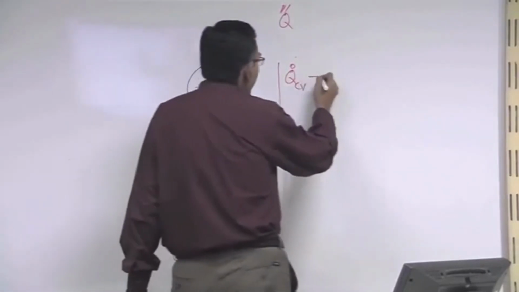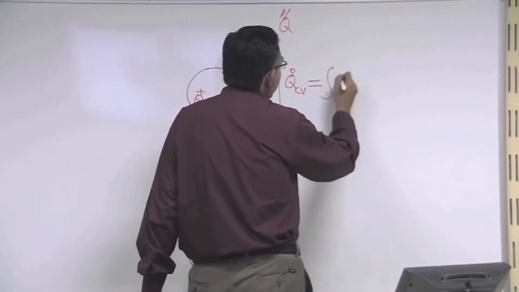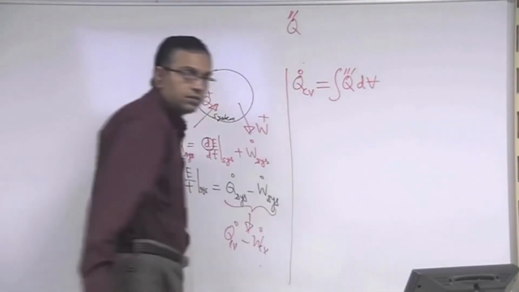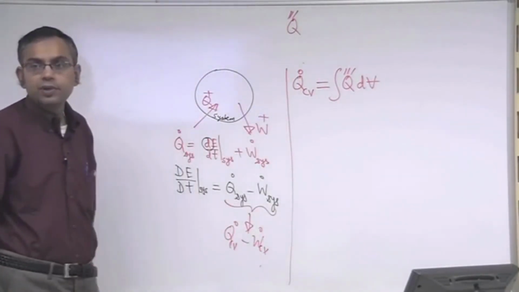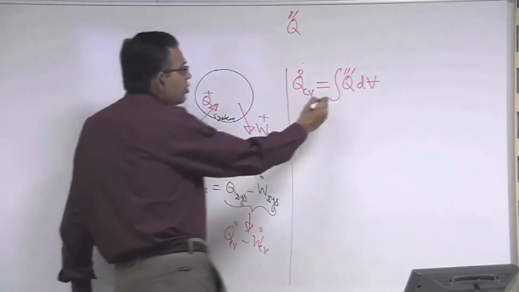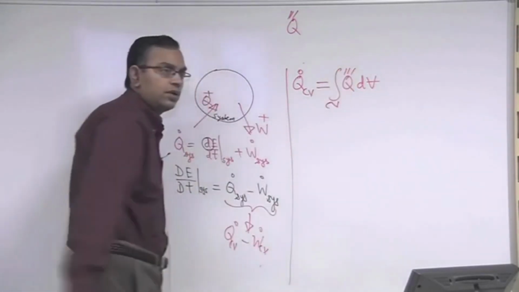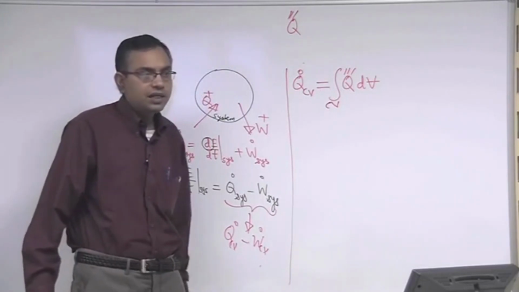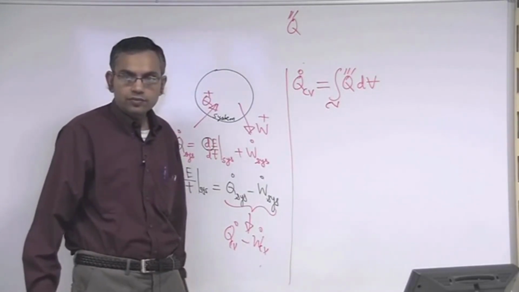So, for the volumetric term, this is very simple: q triple prime is per unit volume, you multiply it with dV and integrate it over the control volume.